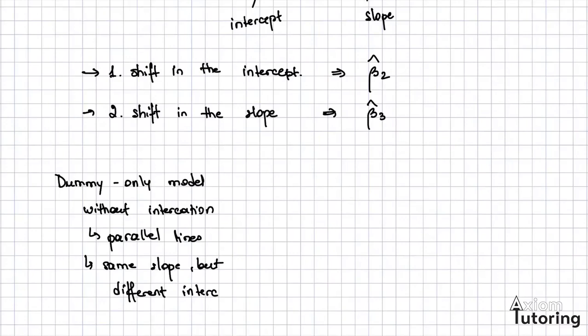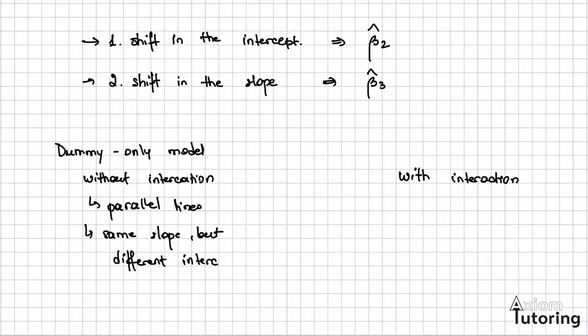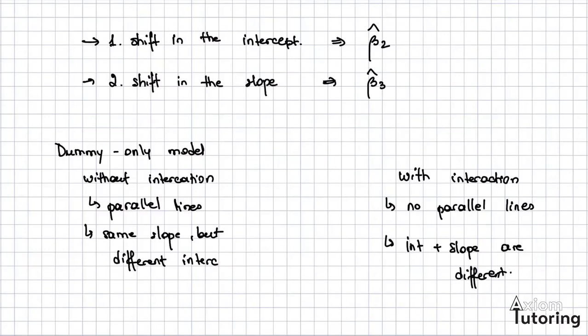Instead now, with the interaction, what you have is no parallel lines, because as you can see, the slope has changed. There has been a shift in the slope. No parallel lines, and both intercept and slope are different. Okay, so this is an upgrade overall.